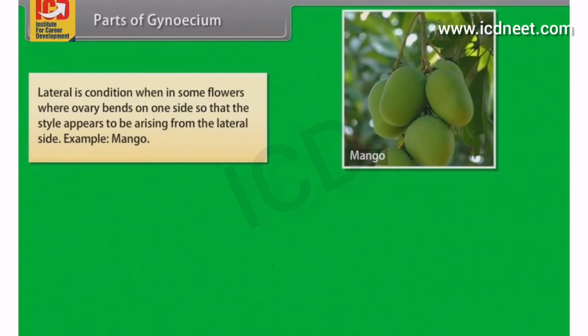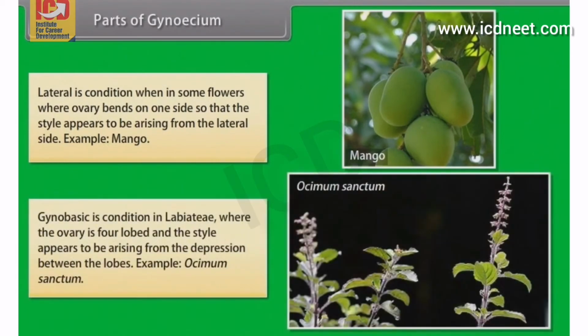Lateral is the condition in some flowers where the ovary bends on one side so that the style appears to be arising from the lateral side. Example: mango. Gynobasic is the condition in labiate where the ovary is 4-lobed and the style appears to be arising from the depression between the lobes.